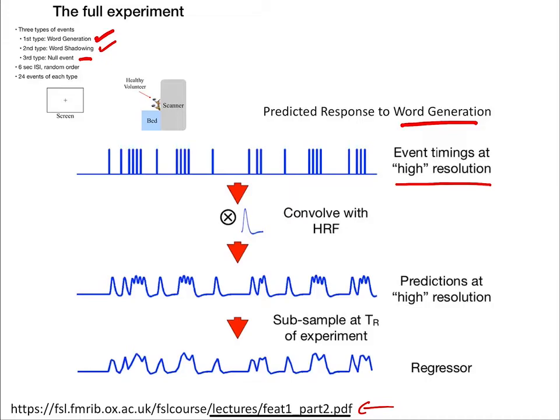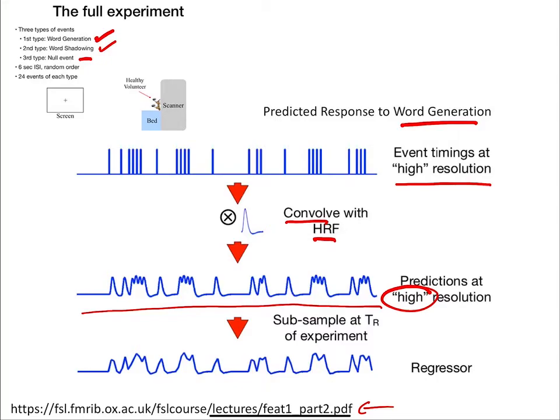The software takes that, and for each of the events, you give it some information like that. It's going to then convolve it with your hemodynamic response function. It's going to have this nice brain response. Typically, it's going to do this at very high temporal resolution because your timing might be at hundreds of milliseconds or sub-second timing.